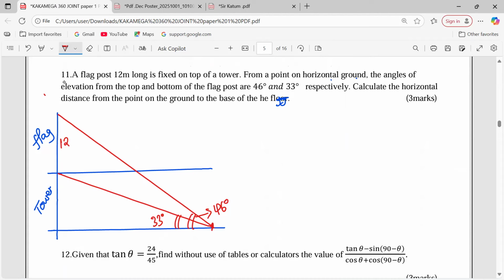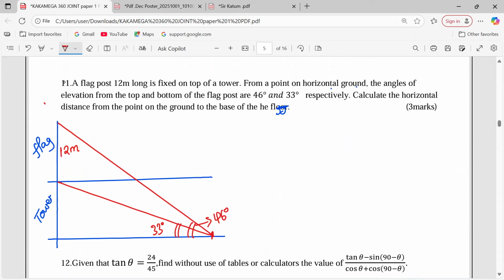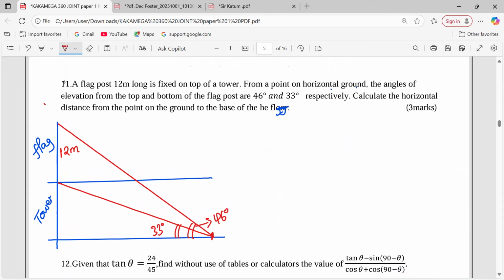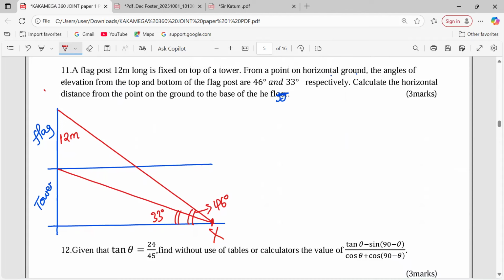This is 12 meters, like that. We are now told to calculate the horizontal distance from which point? The horizontal distance from the point, we can call it point X, to the base of the tower. Actually, the floor was right. The floor of the tower.